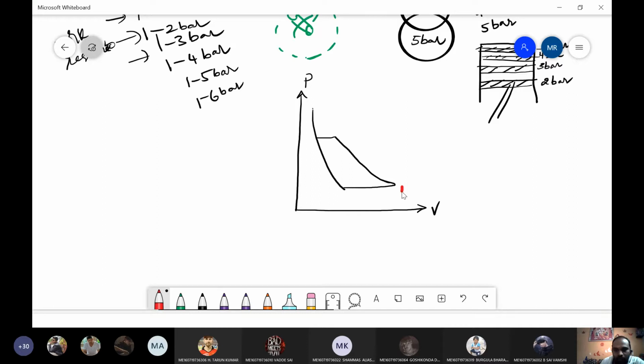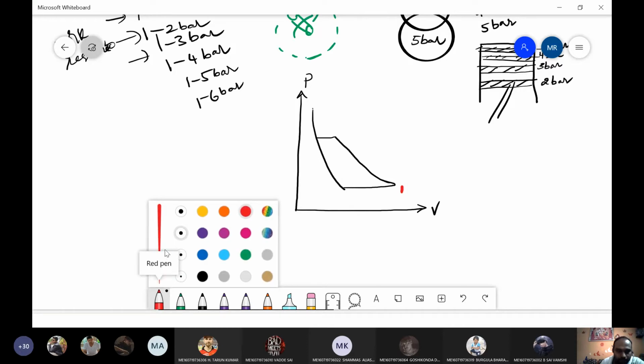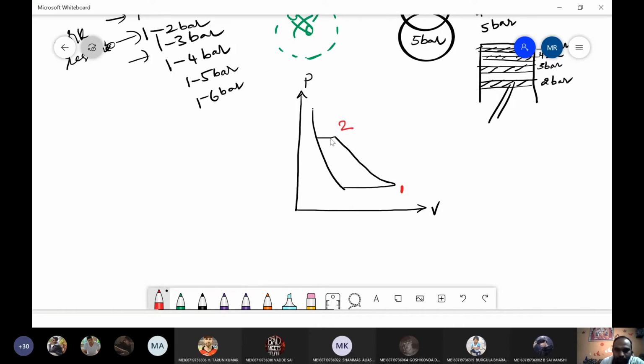So 1, 2, 3, 4. What is 4 to 1? Suction. Next, 1 to 2? Compression. And 2 to 3 is delivery, this is expansion, and this is suction, right?